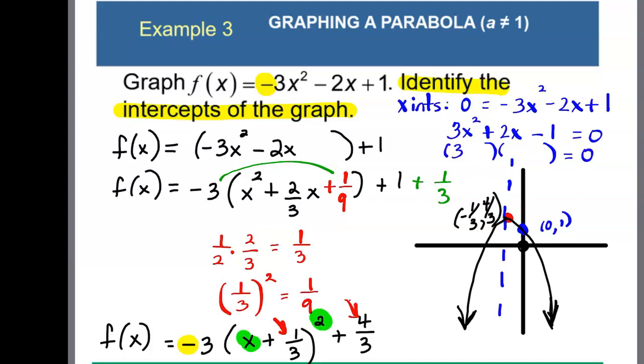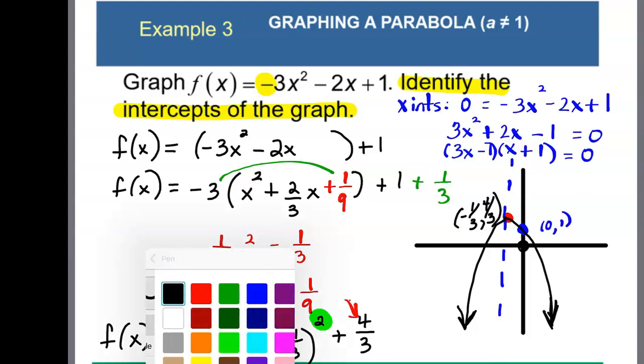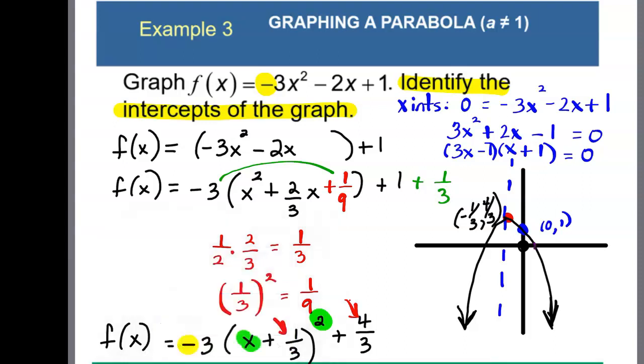So here, by trial and error, I have (3x minus 1)(x plus 1). Okay, and so then we know that our x-intercepts are 1/3, so (1/3, 0), and my other x-intercept is -1.